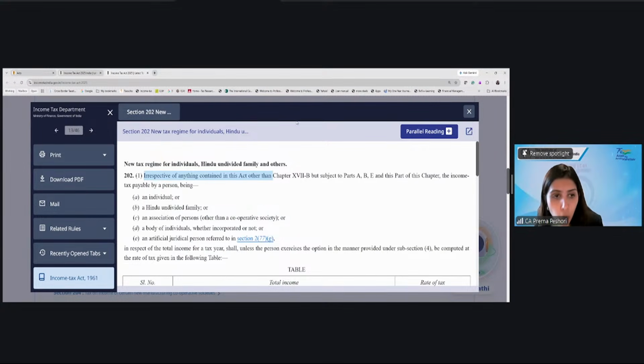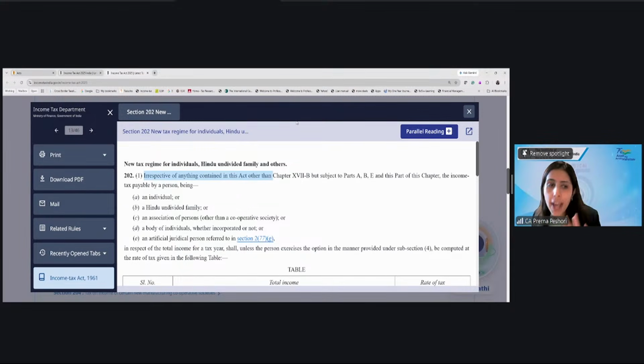It will not override only this chapter, but it will override the rest of all the sections of the Income Tax Act. So in that case, we have to understand that this is a non-obstante clause. A non-obstante clause is basically an overriding provision.